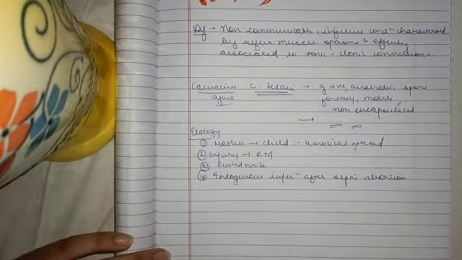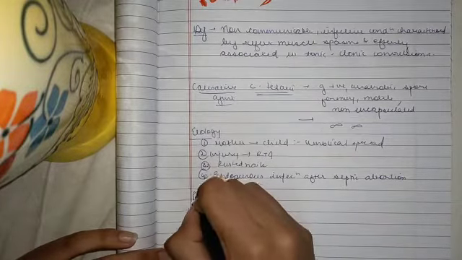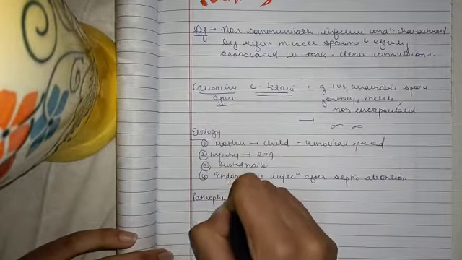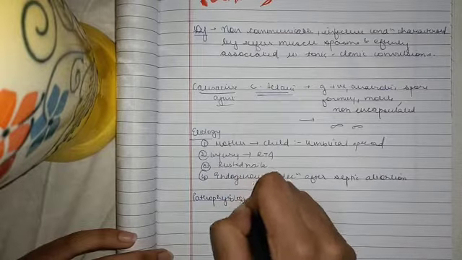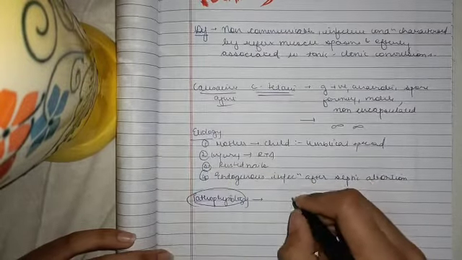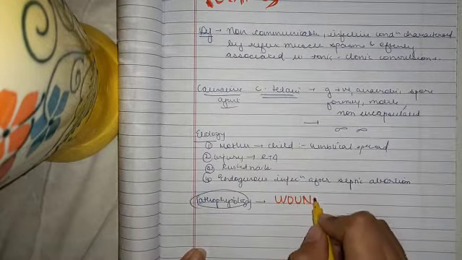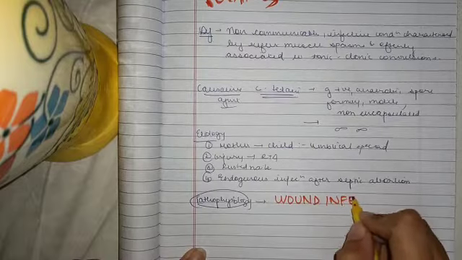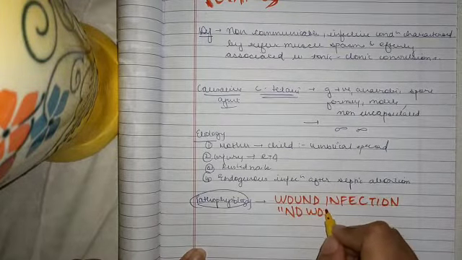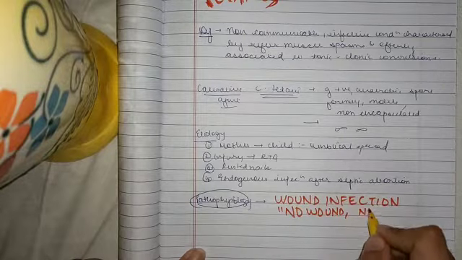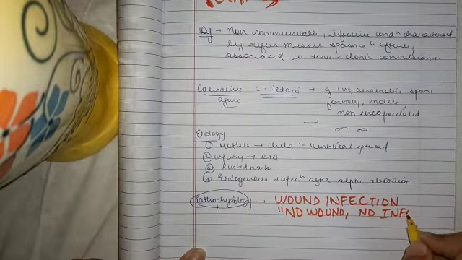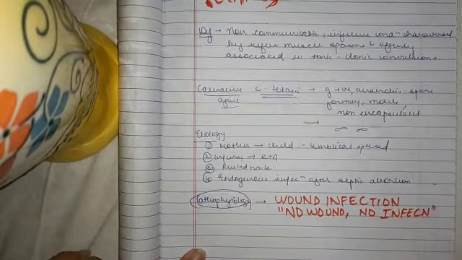Now, after etiology, I will tell you the pathophysiology. One thing you must remember is that tetanus is a wound infection. Okay, it's a wound infection. So, if there is no wound, no infection. This is very characteristic.